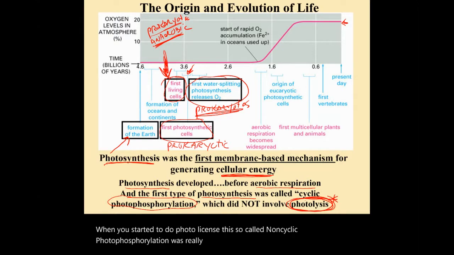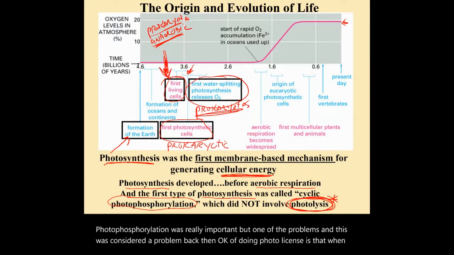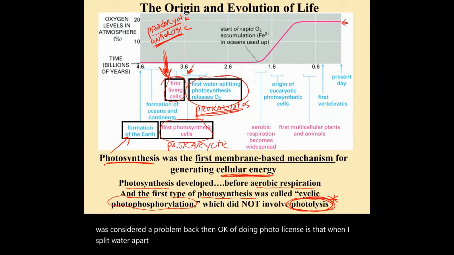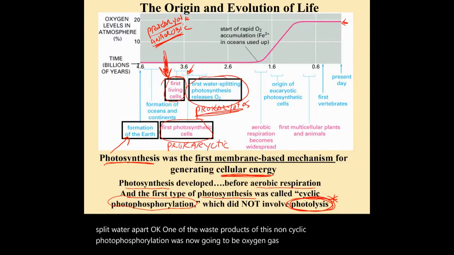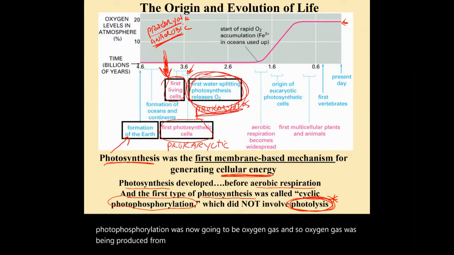But one of the problems, and this was considered a problem back then, of doing photolysis, is that when I split water apart, one of the waste products of this non-cyclic photophosphorylation was now going to be oxygen gas. And so oxygen gas was being produced from the splitting of water right back here at that time.